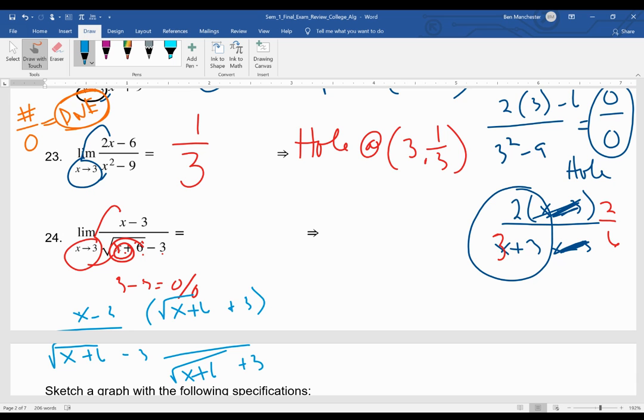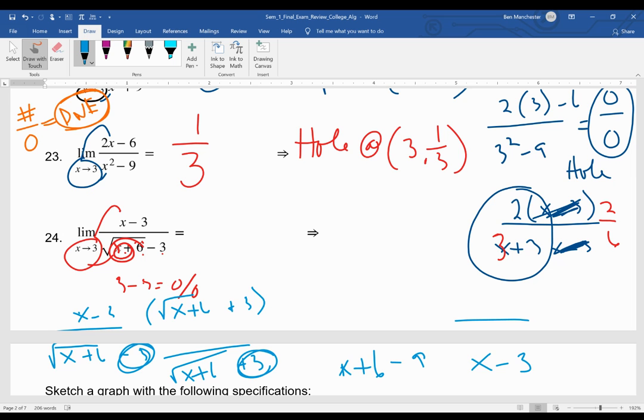So on top, we're going to have this ridiculous thing. But on bottom, we're going to get no more roots. We're just going to get an x plus 6, and then you're going to get a minus 9 when you do the plus 3 times the minus 3. So on bottom, we're going to get an x minus 3 now. And on top, you get something ridiculous.